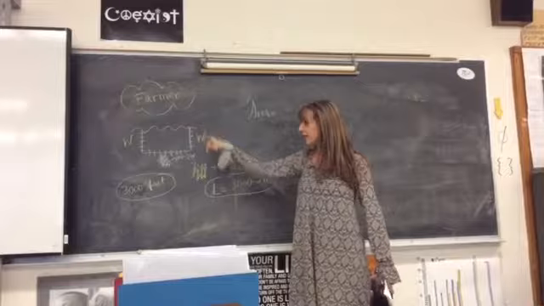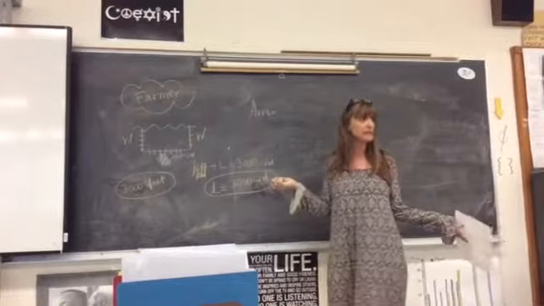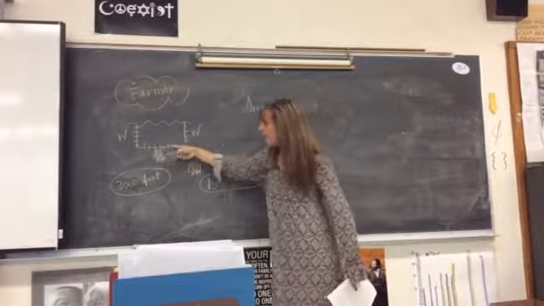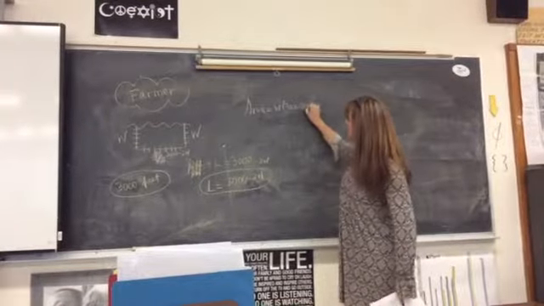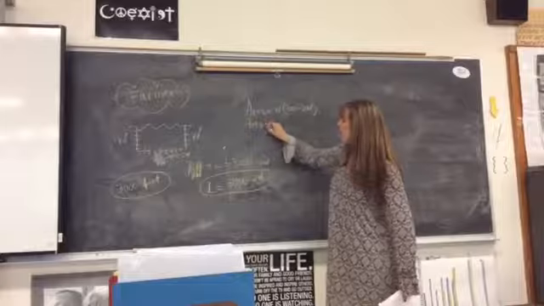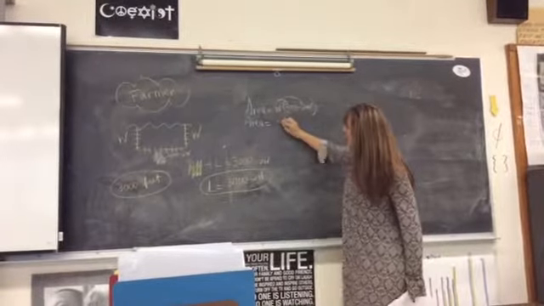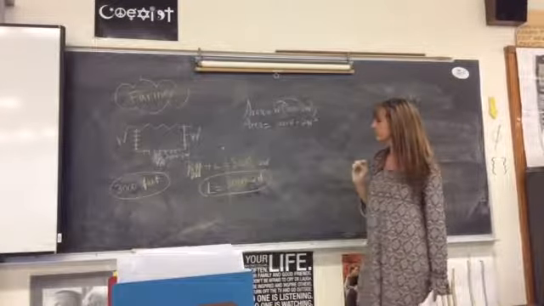To find the area, I'm going to do length times width. It's always going to be length times width with rectangles. And I have W times 3,000 minus 2W. And I'm going to distribute so it looks like a beautiful quadratic equation. I got 3,000W minus 2W squared.